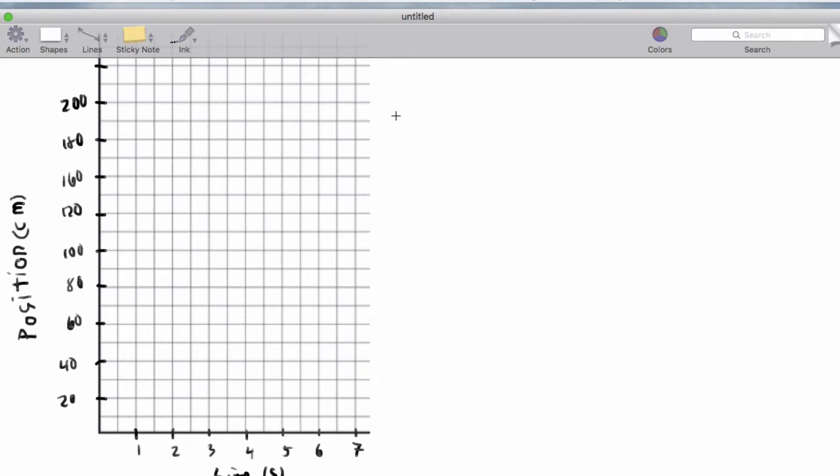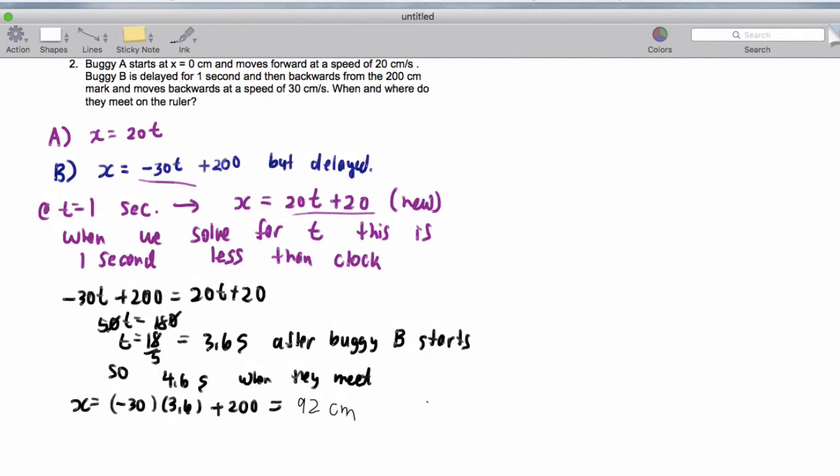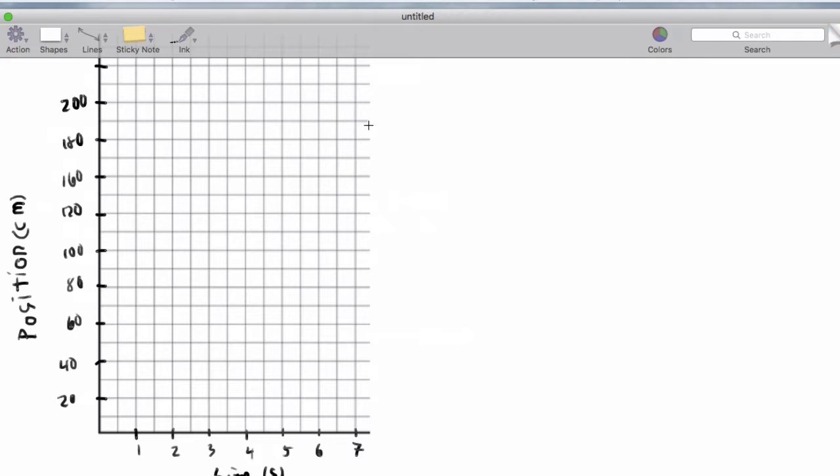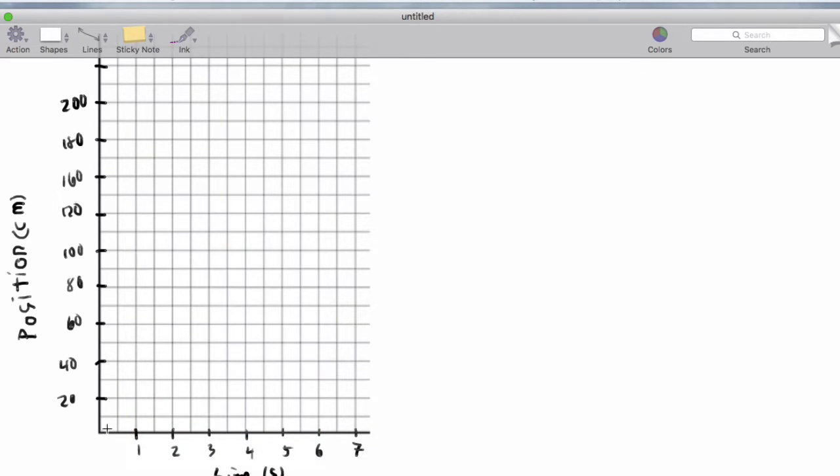Let's go ahead and get those plots. So here, x is 20t for buggy A. We'll plot its original plot: 20 times t.